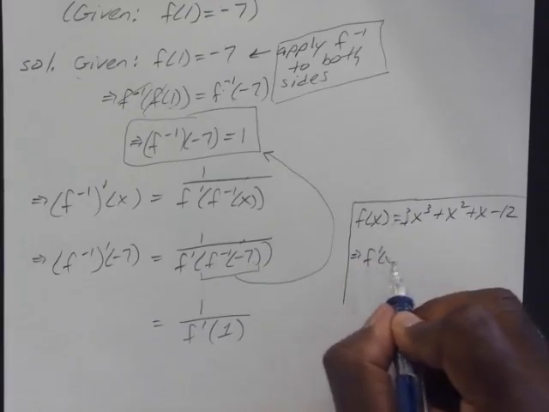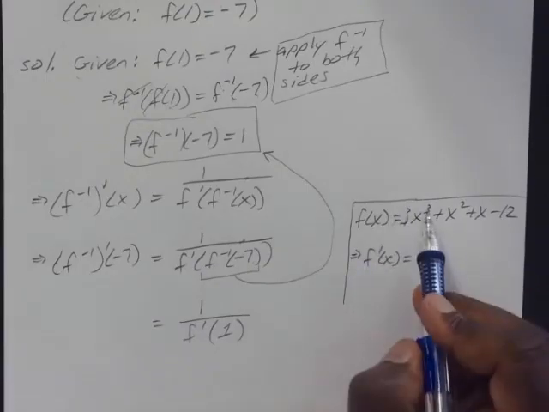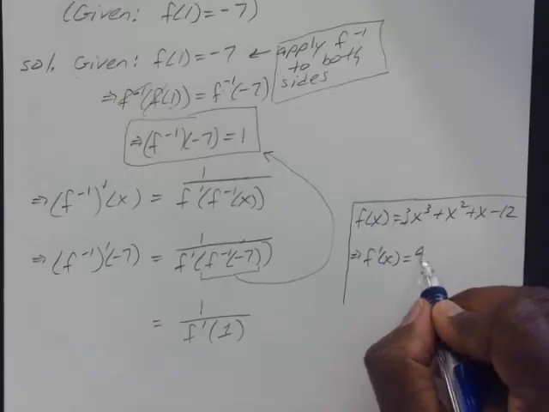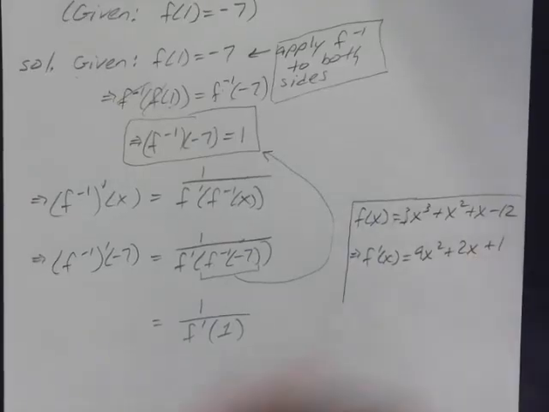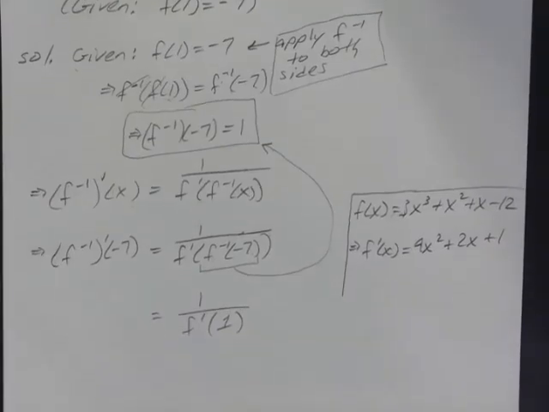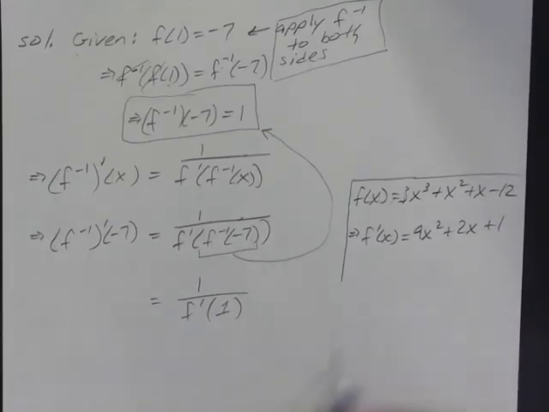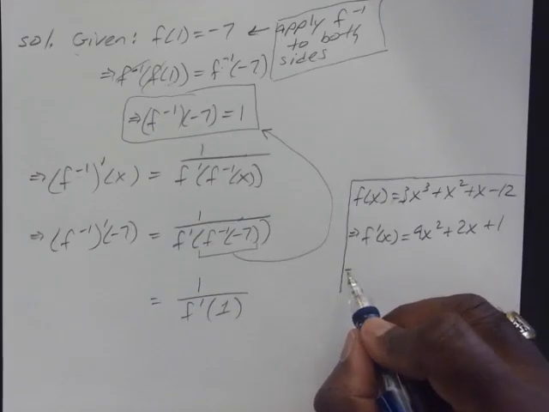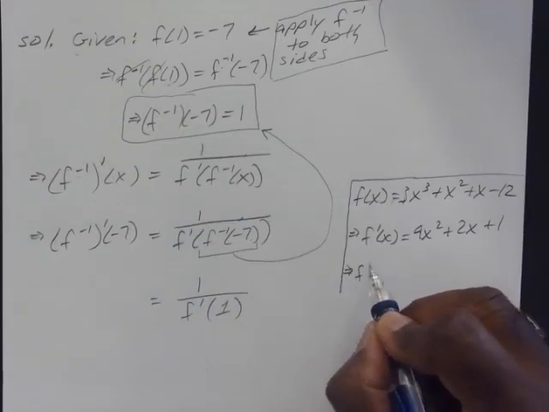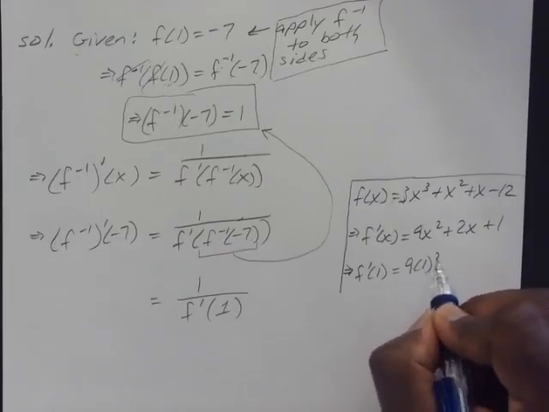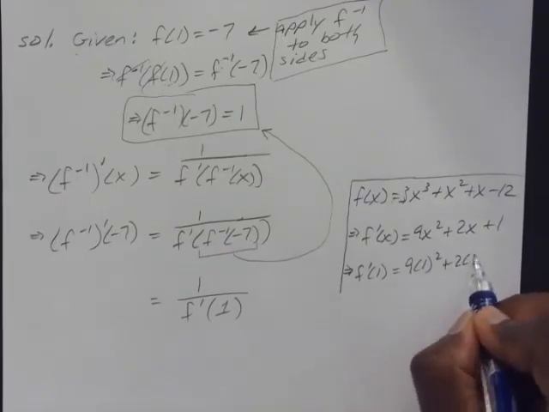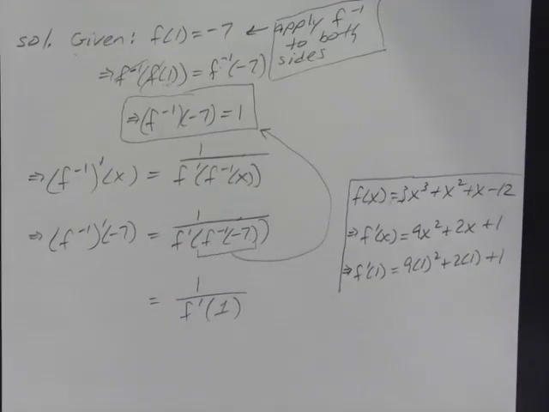We know that f prime of x, using the power rule, gives us 9x squared plus 2x plus 1. Which means that f prime of 1 is equal to 9 times 1 squared plus 2 times 1 plus 1.